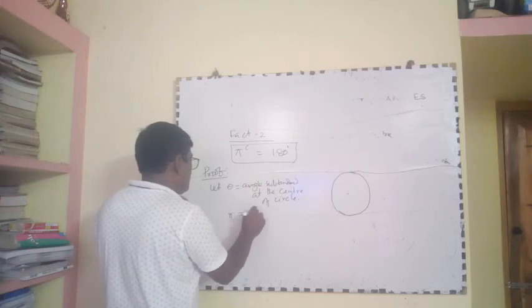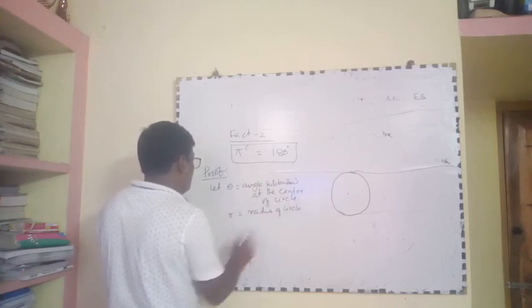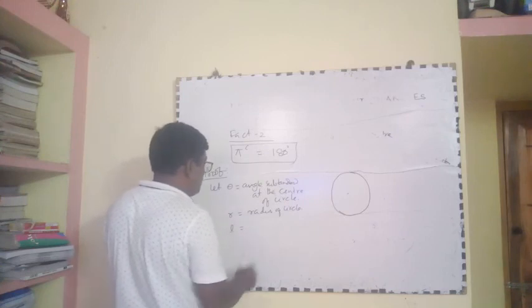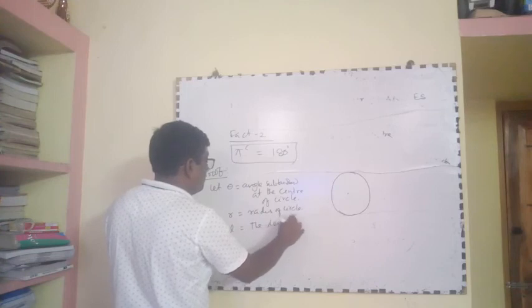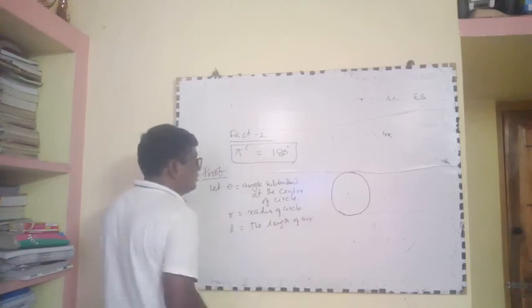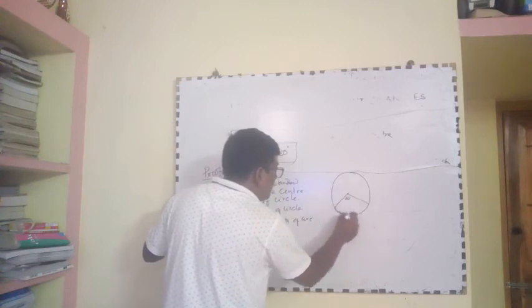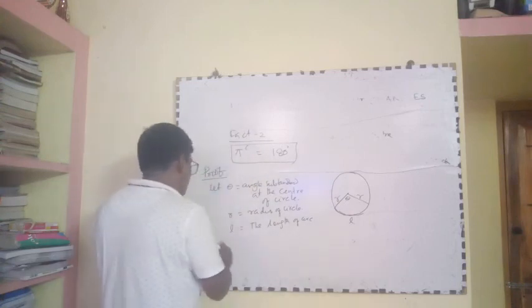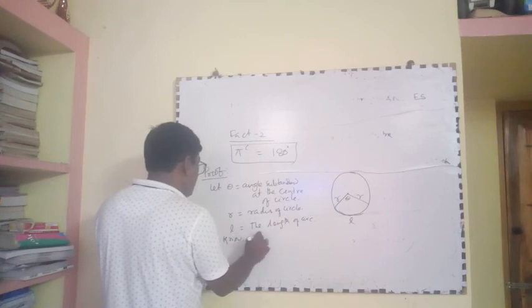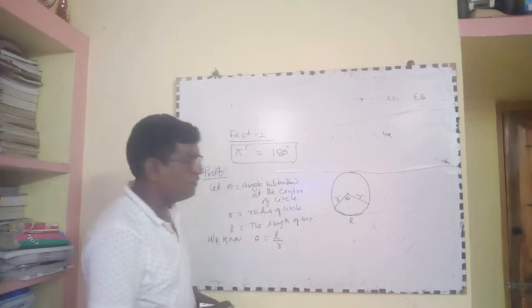R is equal to the radius of the circle, and L is equal to the length of the arc. Suppose this is theta, and this is R, and this is R, and this is L. We know theta is equal to L by R.